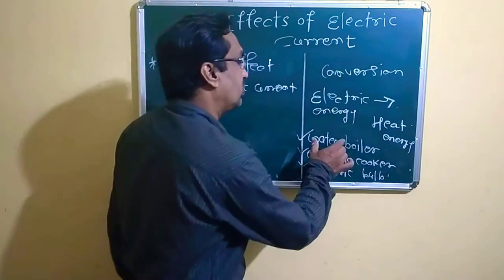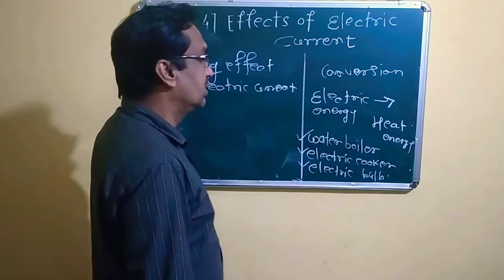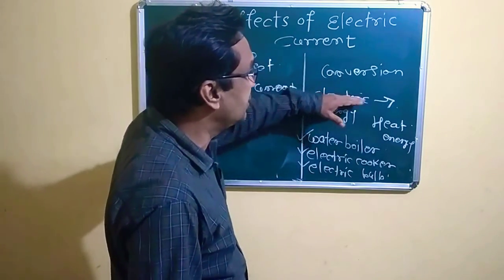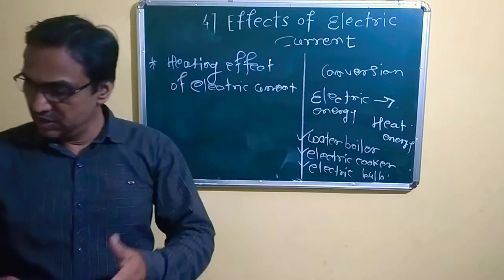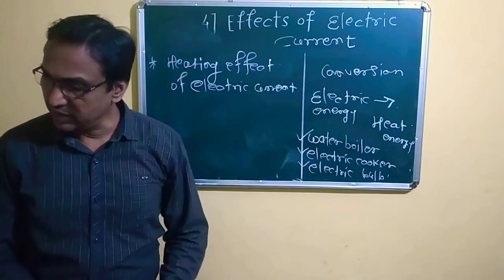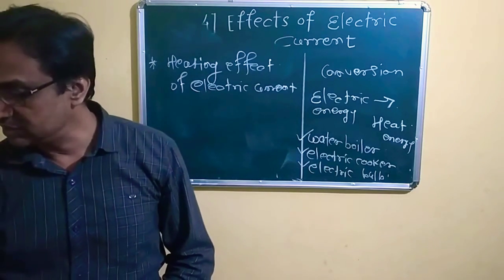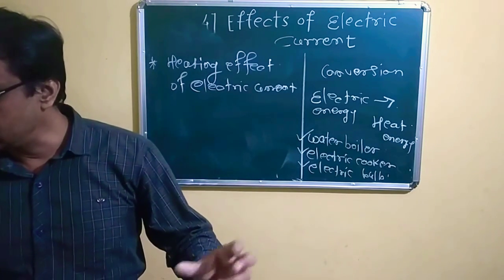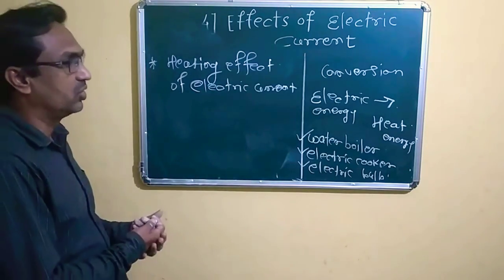To boil the water, we have to convert electric energy into heat energy. Then there is the electric cooker. On page number 49, we can see the coil of a cooker and the coil of a heater. The coil type is a coiled coil, or a solenoid coil.